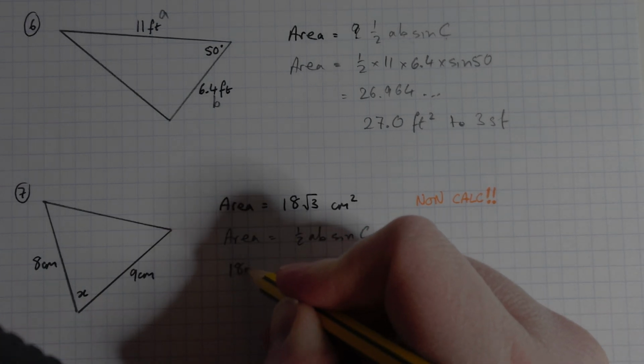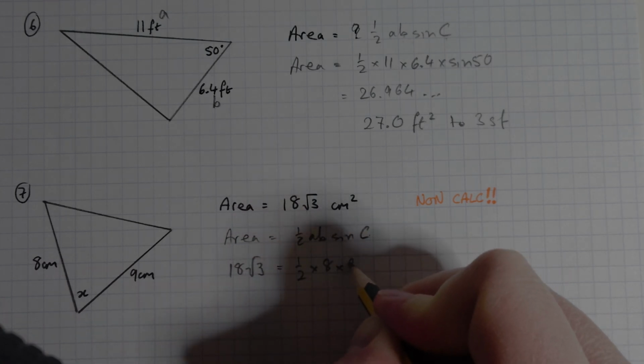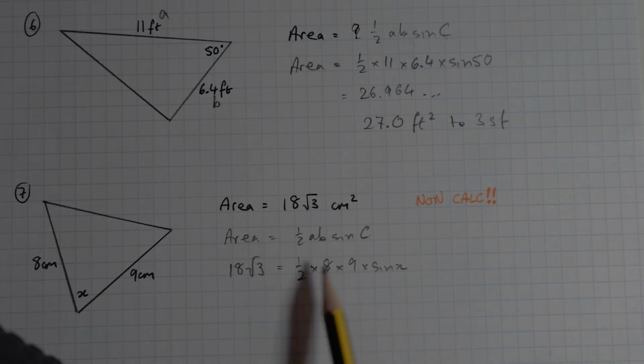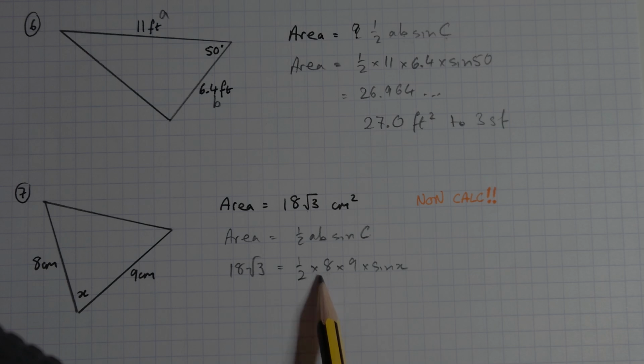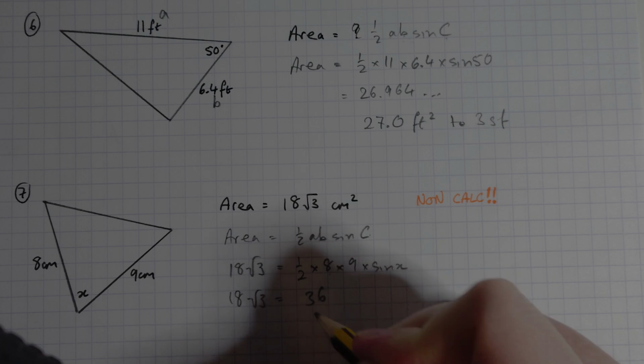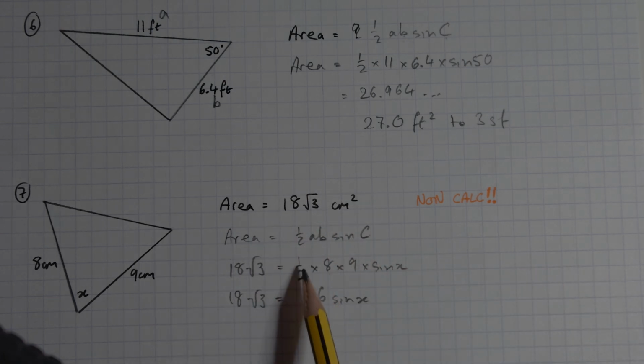I've got 18 root 3 over on the left. I've got a half times 8 times 9 times sine x. I can simplify this on the right hand side because a half of 8 is 4 and 4 times 9 is 36. So let's just simplify it as 36 sine x, and I just got that by multiplying a half, 8 and 9 together.